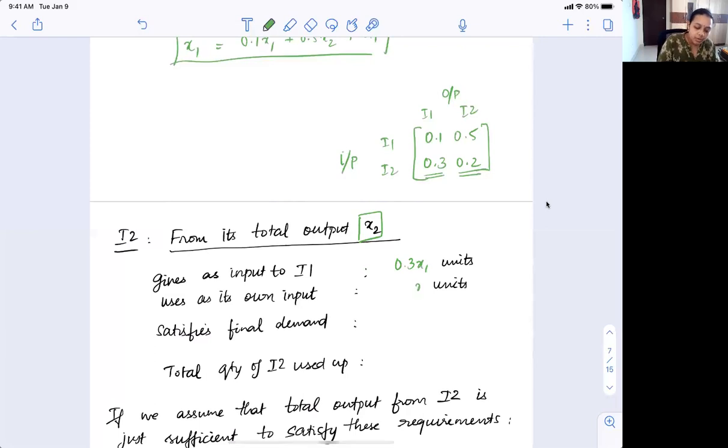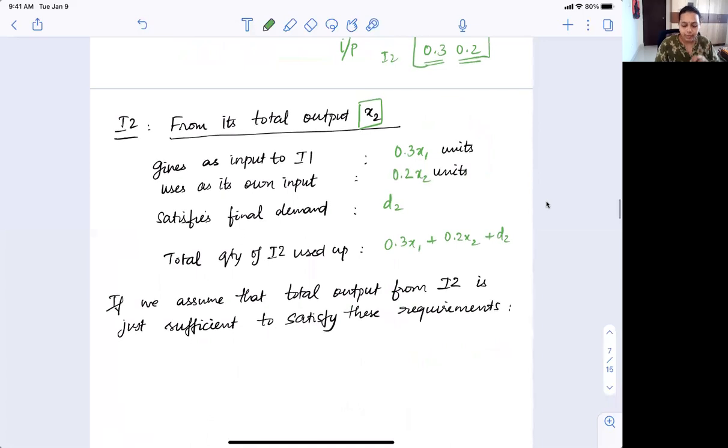So for X2 dollars worth of output, it's going to use 0.2 times X2 dollars of its own production as an input. And then there is also going to be final demand of D2. Therefore, the total quantity of I2 that is used will be 0.3 X1 plus 0.2 X2 plus D2. And if we assume again that the total output from I2 is just enough to meet all of these requirements, we have another expression.